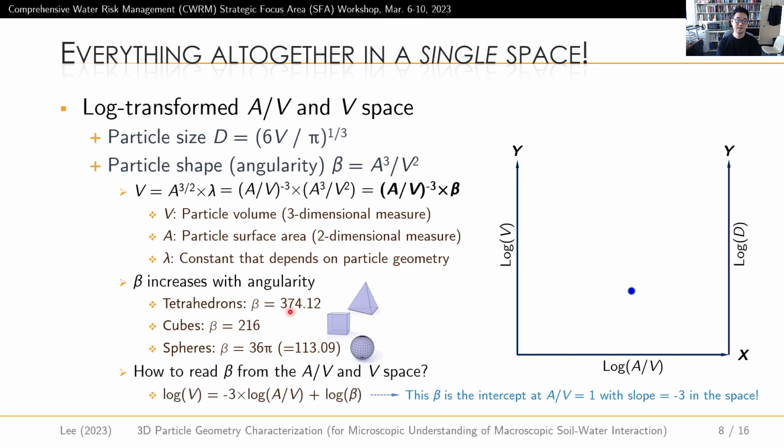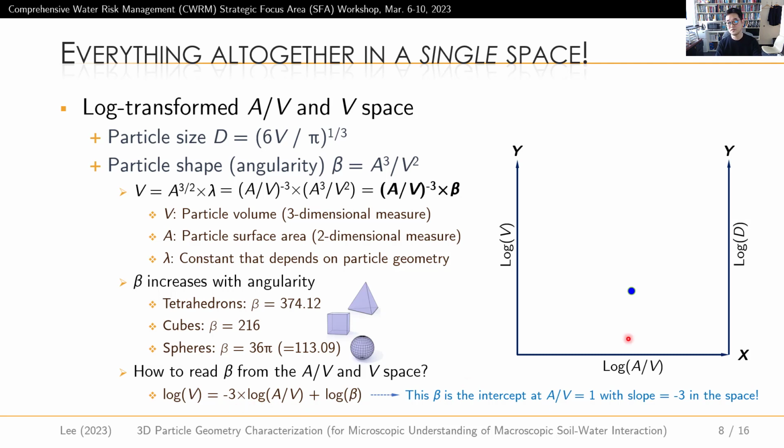Then how can we read this beta from this space? That is the question. If this equation is reformulated and log transformed, we can present the equation in this manner. Now you can see this is a simple linear equation in log space, whereby this beta represents the intercept, at A over V equals 1, which makes log 0, and the slope is minus 3.